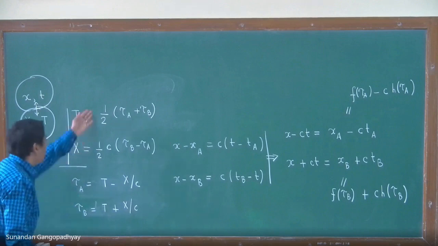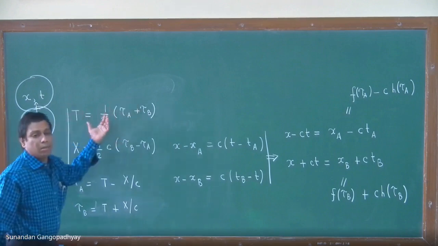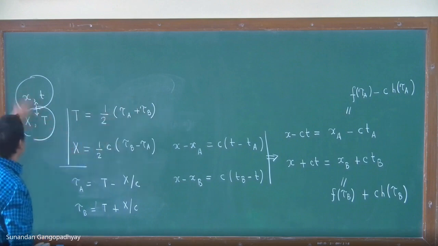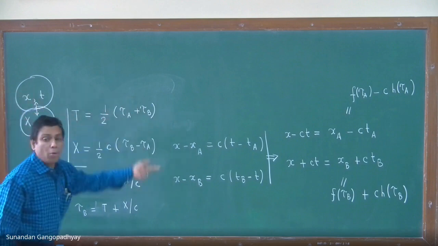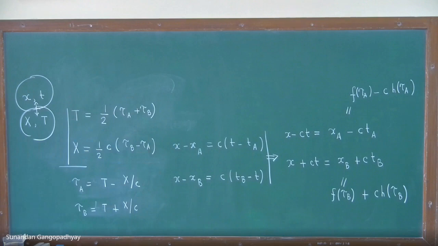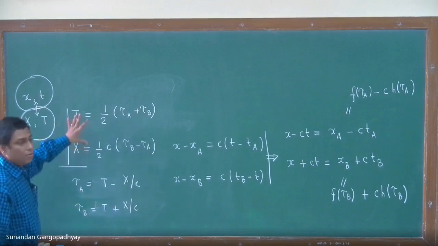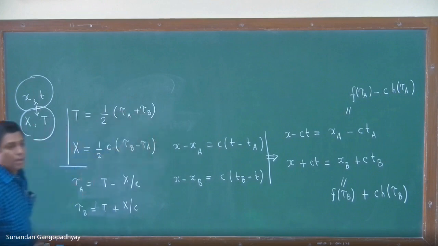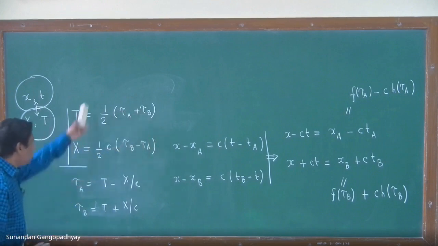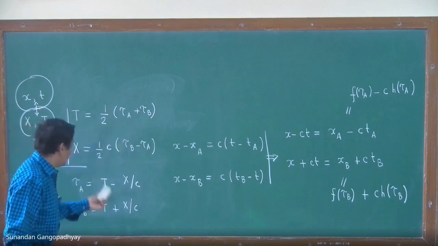Since you have, these are very reasonable. What you are doing is you are basically connecting the coordinates t and x with the proper times. You are not connecting it with capital X and T. That is your goal. That is the connection that you want to reach. But t and x, it is quite natural to ascribe this connection with the proper time coordinates. That is quite reasonable.